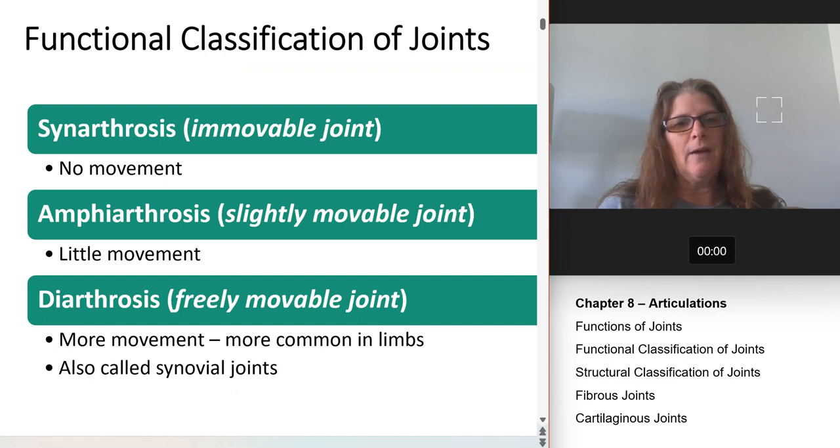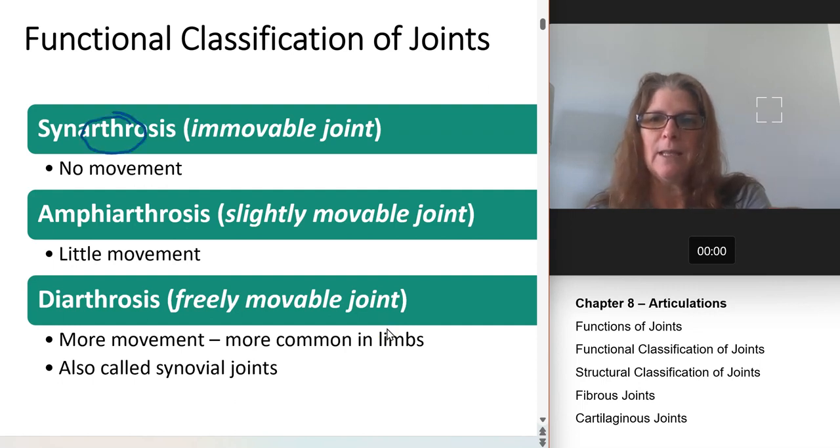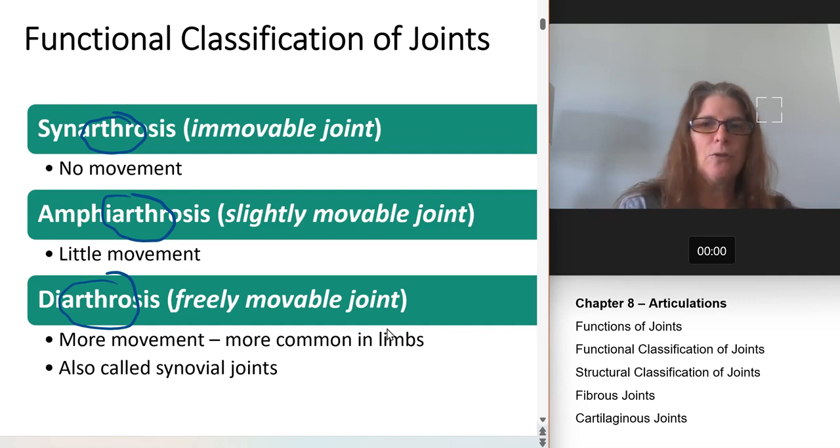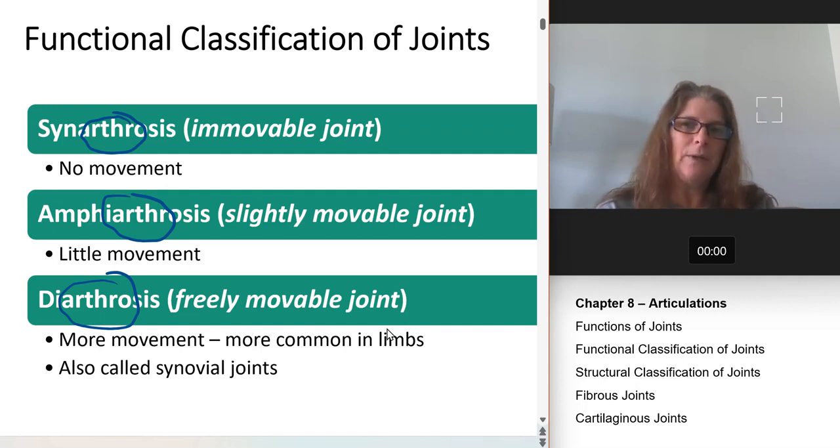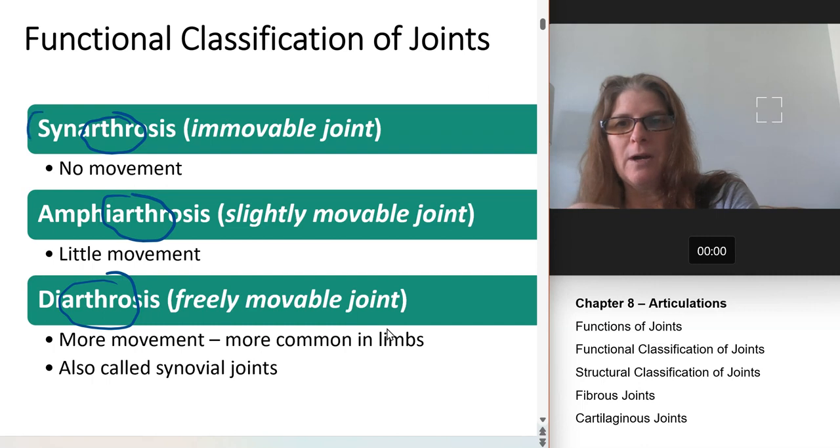So when we're looking at the functional classification, there's some new words here, right? It's all Latin and Greek. Notice we have synarthrosis, amphiarthrosis, diarthrosis. And if you look at these words, you're going to notice that right in the middle, you see the word arthro. Well, arthro is Greek for joint. So what we're really changing is the first part, syn, amph, and di.